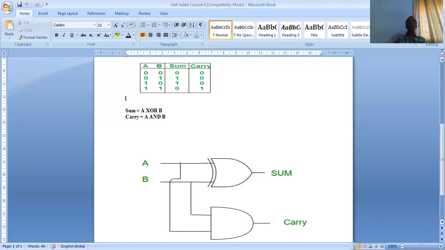Second input B also acts as input to the lower AND gate, and the output of AND gate is nothing but the carry of two binary numbers.